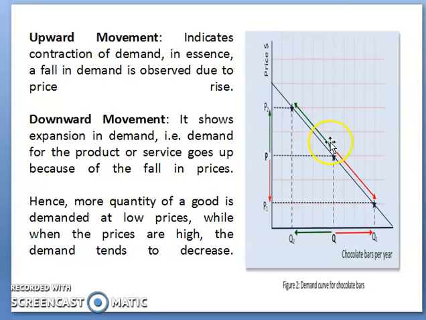While downward movement shows the expansion in demand, which means the demand for a product or service goes up because of the fall in prices. The price has fallen from P to P1, and that is why the quantity demanded has increased from Q to Q1. So more quantity of a good is demanded at a low price, while when prices are high, demand tends to decrease.